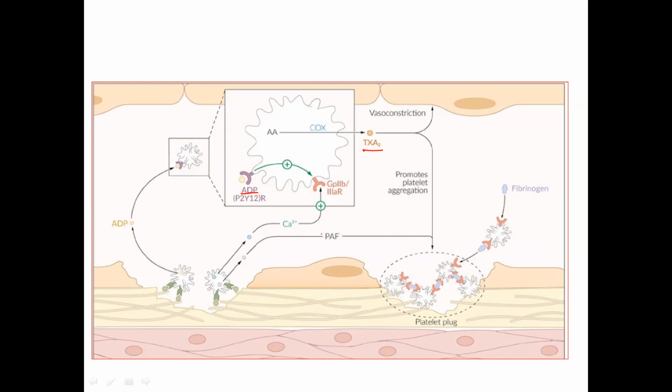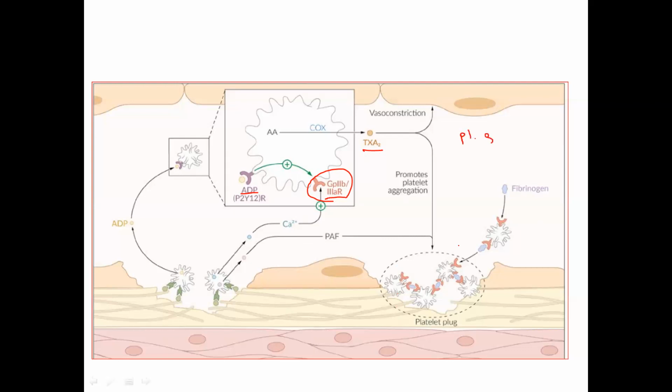These two substances are very useful to express the receptor called the GP2B/3A receptor in the platelet. Expression of this GP2B/3A receptor is very useful for platelet aggregation, which is the last step of primary hemostasis.